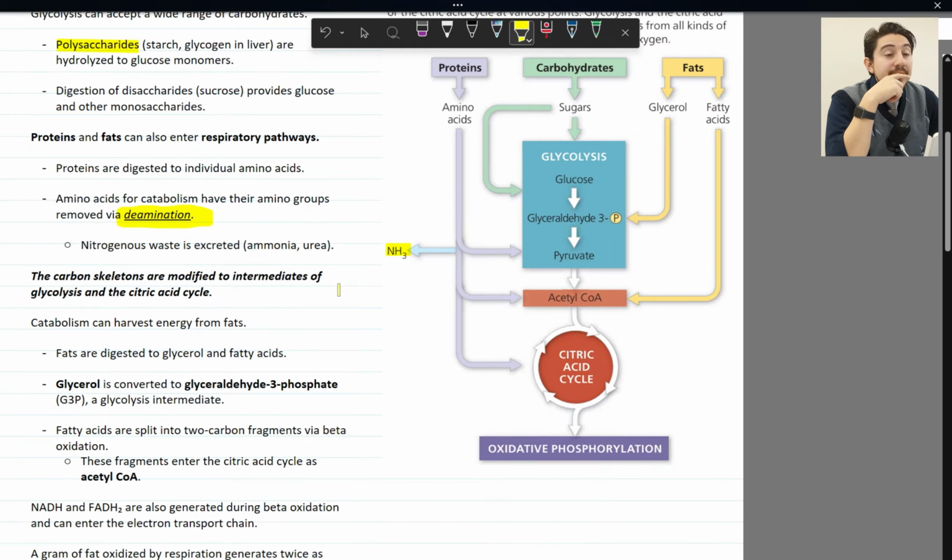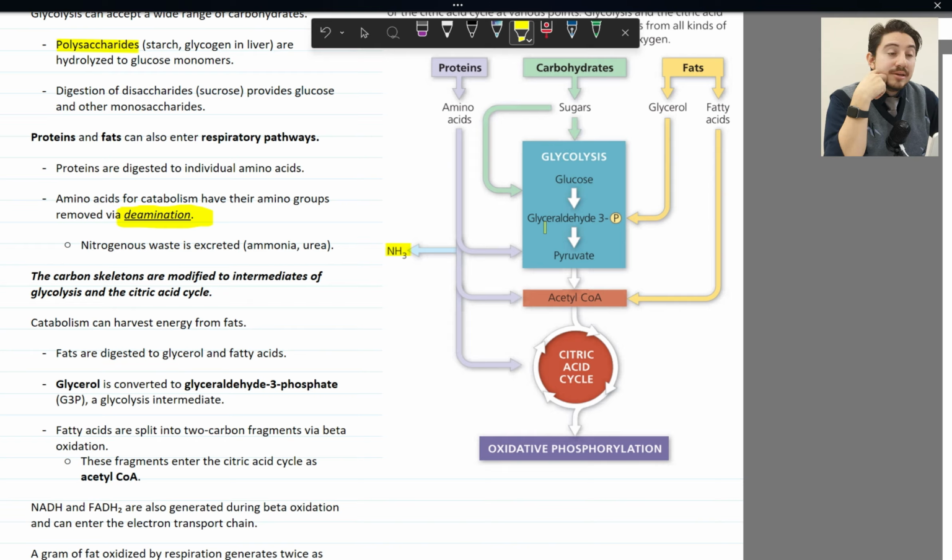All right, so again, fats can be broken down. Fatty acids can turn into acetyl-CoA. Glycerol can be used to turn into glyceraldehyde 3-phosphate, G3P.